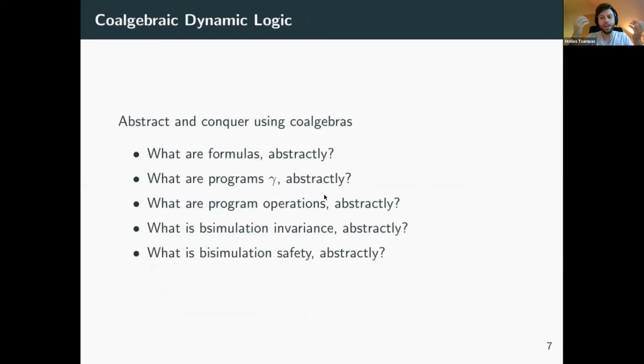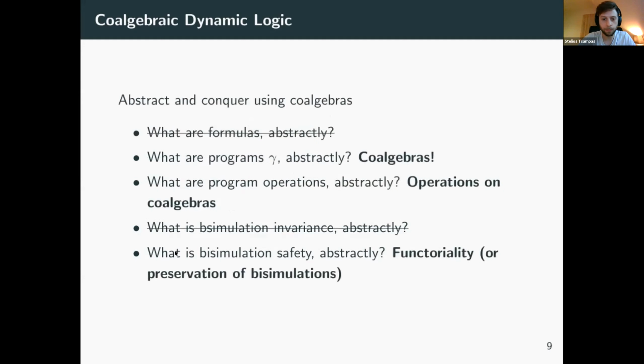So the idea of this group was to take PDL and go to coalgebras, abstract and contour using coalgebras to what's called coalgebraic dynamic logic. So what are formulas abstractly? Well, actually, we don't care. What we care about is what are programs abstractly, what are program operations abstractly, and what is bisimulation safety abstractly, and how do we relate those with coalgebras?